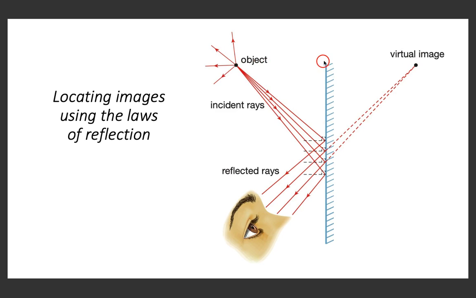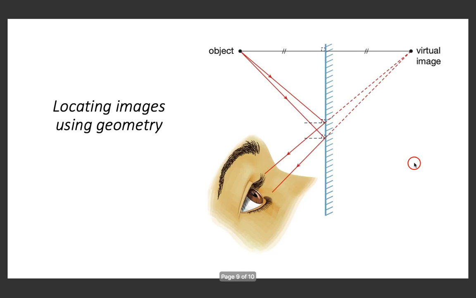It's an equal distance away from the mirror as the object is. So you can locate the image using the laws of reflection, just by drawing the light rays reflecting off of the mirror like this, and then tracing the light rays back to their source. But there's an easier way to draw the image that's created with a flat plane mirror. And that's what this second slide shows.